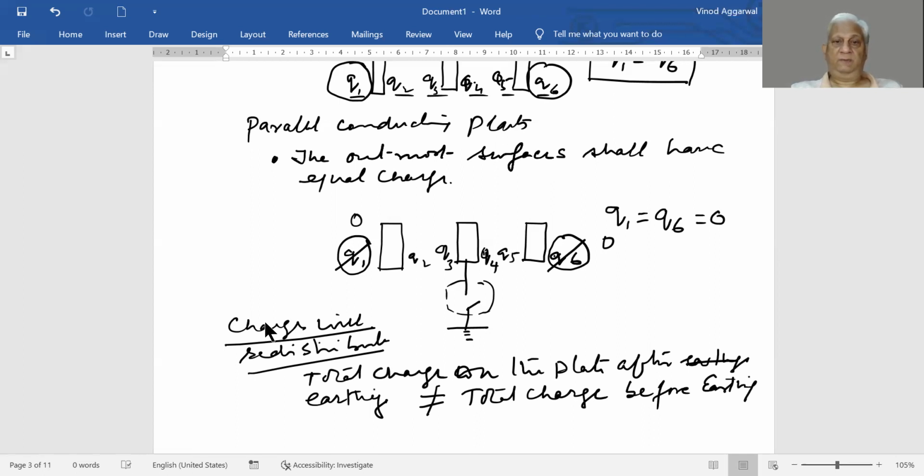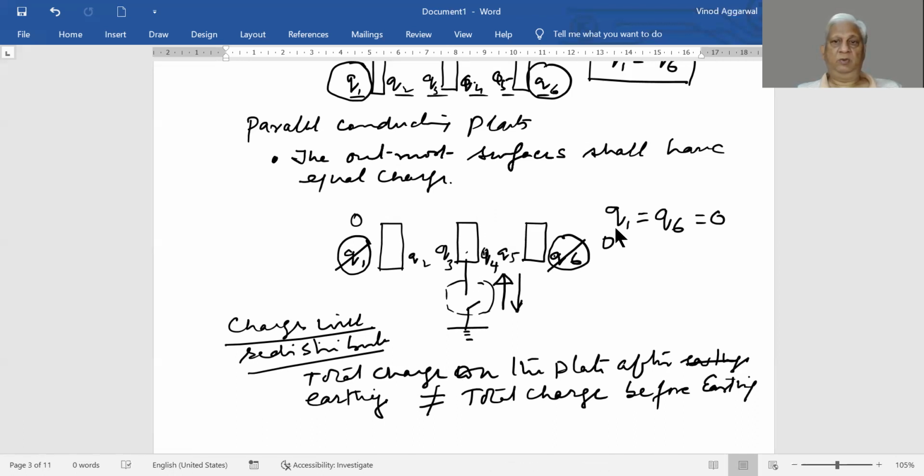Because during earthing, the electrons may flow to the plate or they may flow to the earth, whichever way. So since electrons go from earth to plate or from plate to earth, conservation of charge doesn't hold anymore because there has been loss or addition of charge.